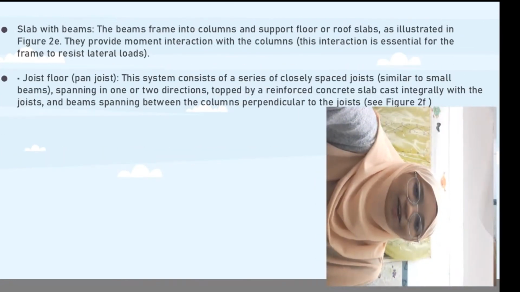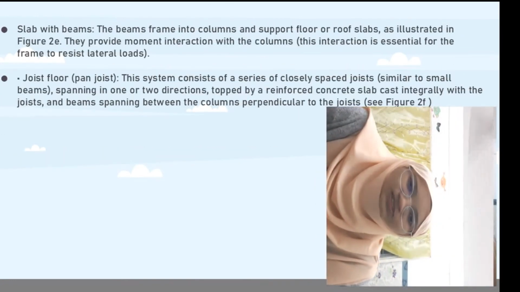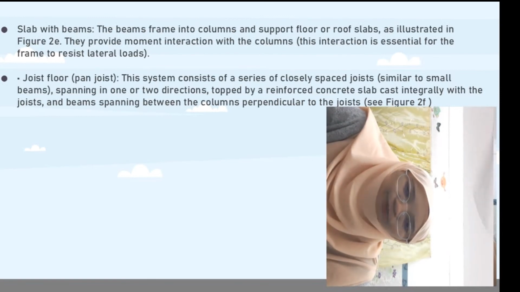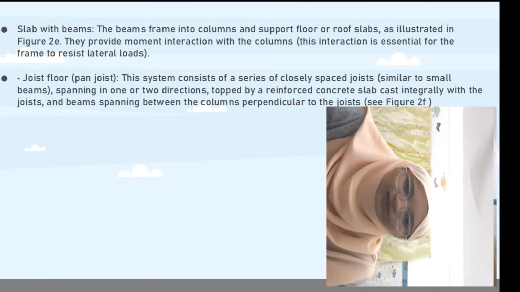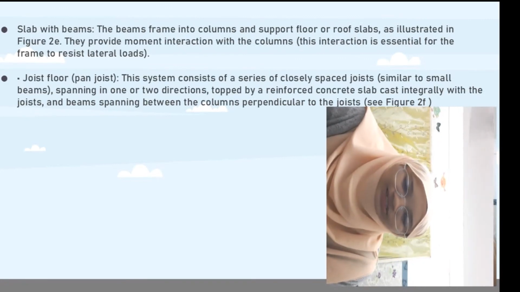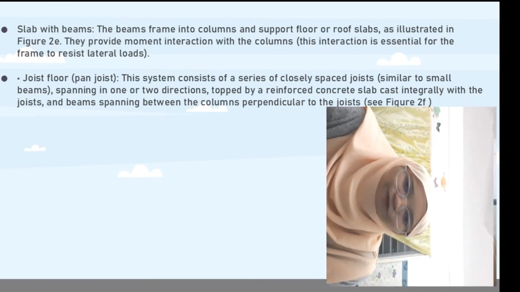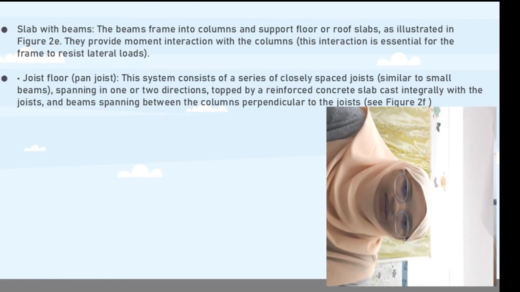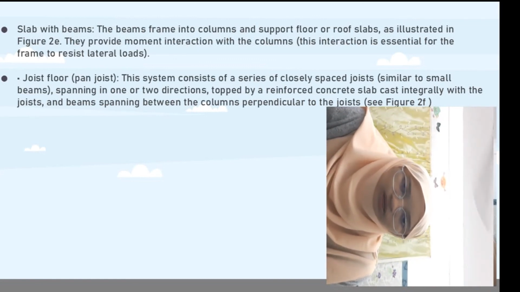Next, slab with beams. The beams frame into columns and support floor or roof slabs, as illustrated in figure 2e. They provide moment interaction with the column. This interaction is essential for the frame to resist lateral loads. Lastly, joist floors, also known as ribbed joist floors.